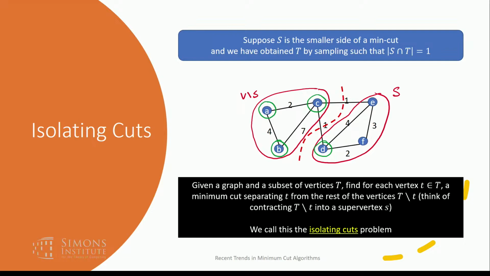You can think of this cut as isolating the vertex t from the rest of the vertices, or you can think of contracting the rest of the vertices into a single super vertex and just running s-t min-cut. The catch is we want to output such a cut for every single vertex t in our terminals. We call this the isolating cuts problem. For example, in this diagram, for this green terminal D, the following cut is a valid isolating cut for this terminal. But of course, you want to find the isolating cuts for all the other terminals as well. Any questions about the definition of the problem?